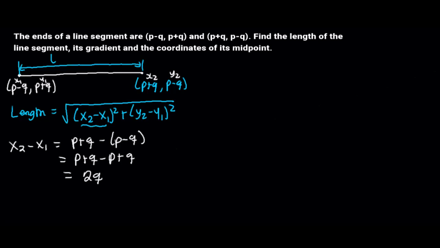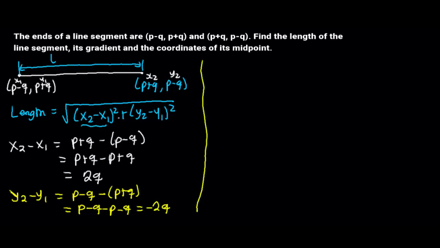Now let's find y2 minus y1. This is given by my y2 is P minus Q and my y1 is P plus Q. So this gives me P minus Q minus P minus Q, and I'll end up getting negative 2Q.